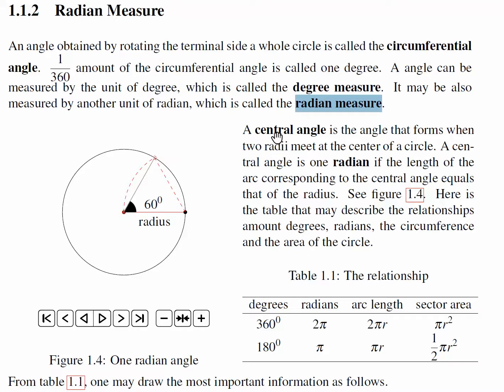So the definition of central angle is the angle that forms when 2 radii meet at the center of the circle. Okay, so this black marked angle is the central angle. Okay, let's keep playing, keep rotating.